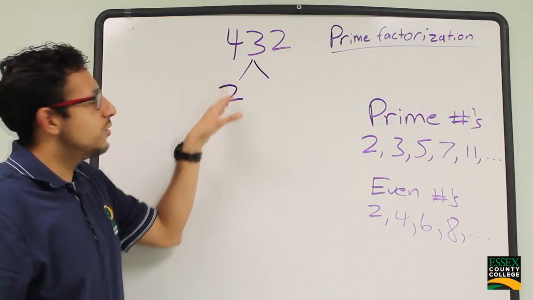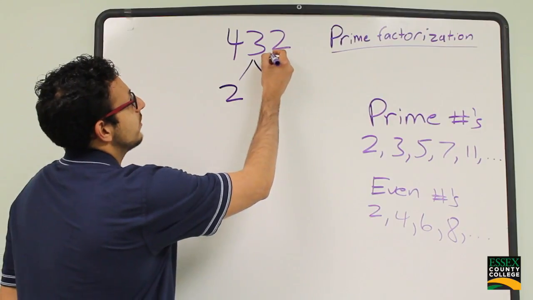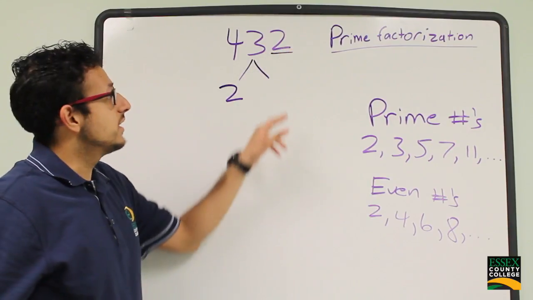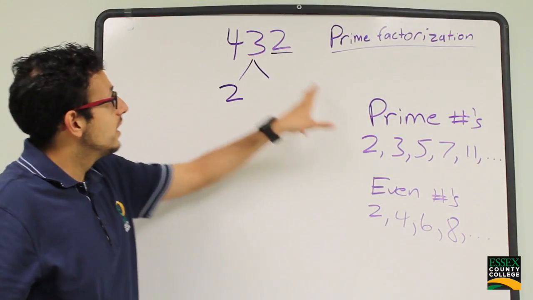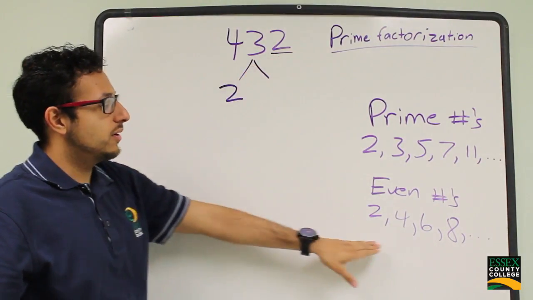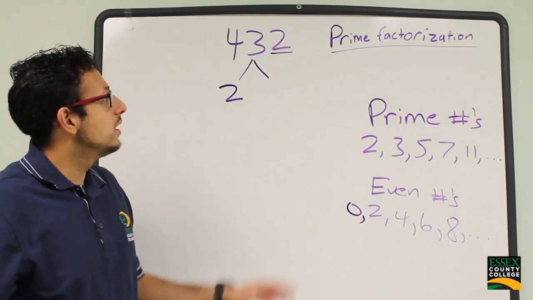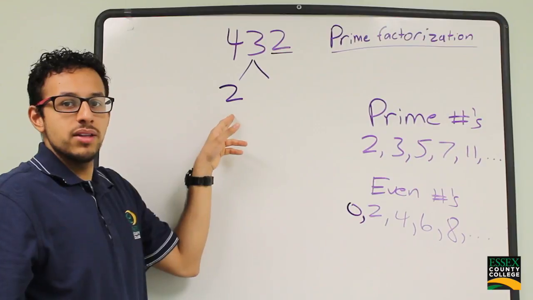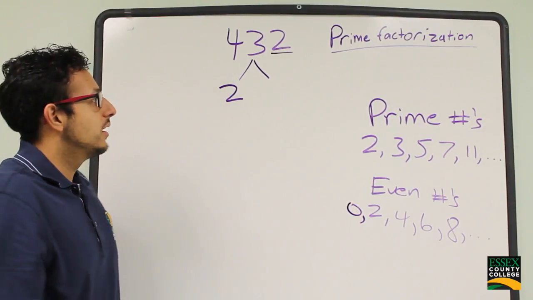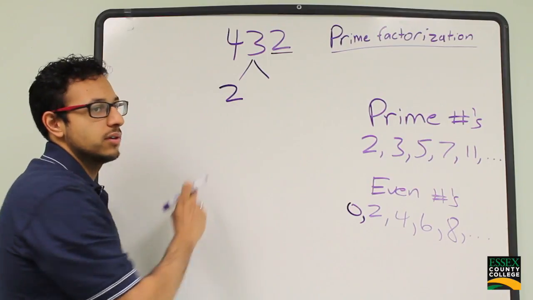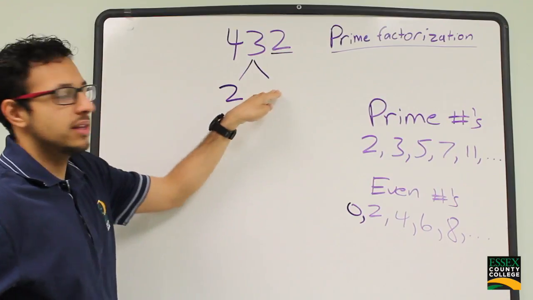I know that 2 is a factor of 432 because of the rule: if the last digit is 2, 4, 6, or 8, also including 0, then the number is divisible by 2. So I know 2 is one of the factors. Now we have to figure out what the other factor is.